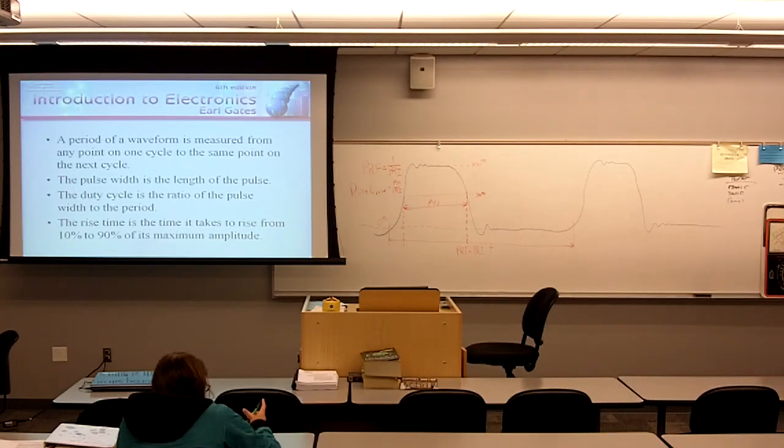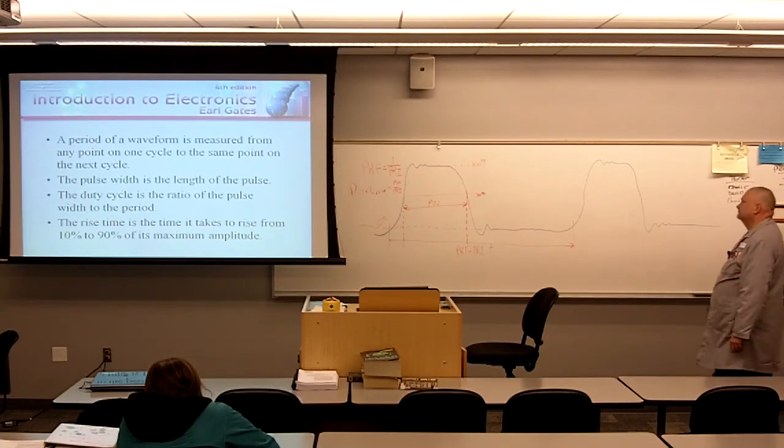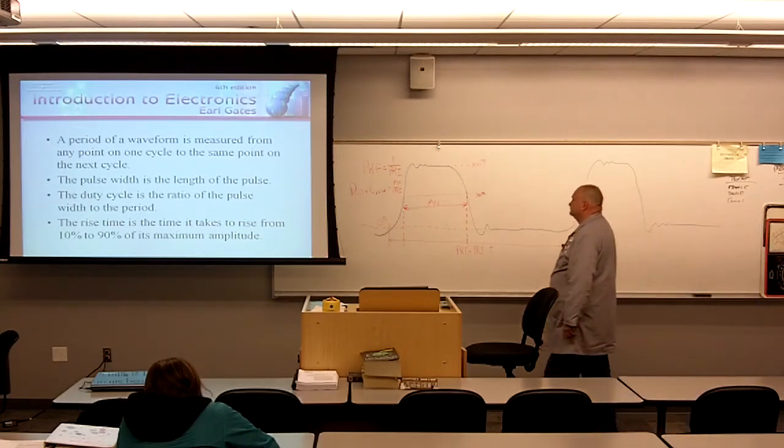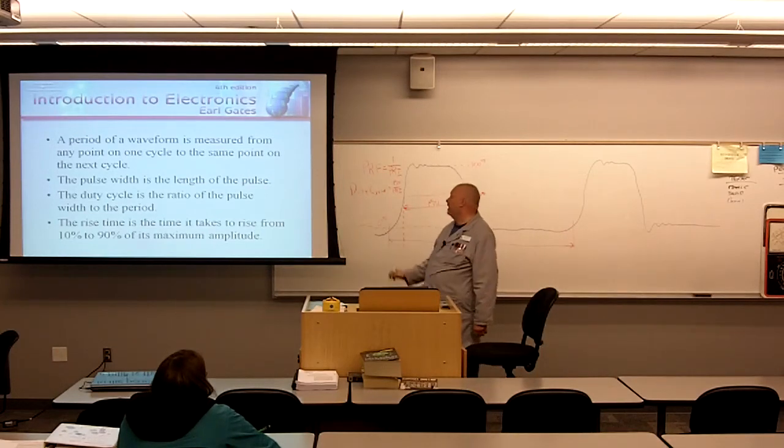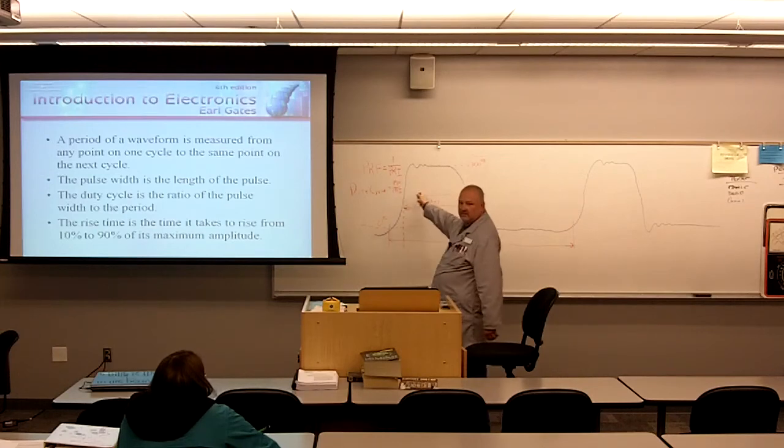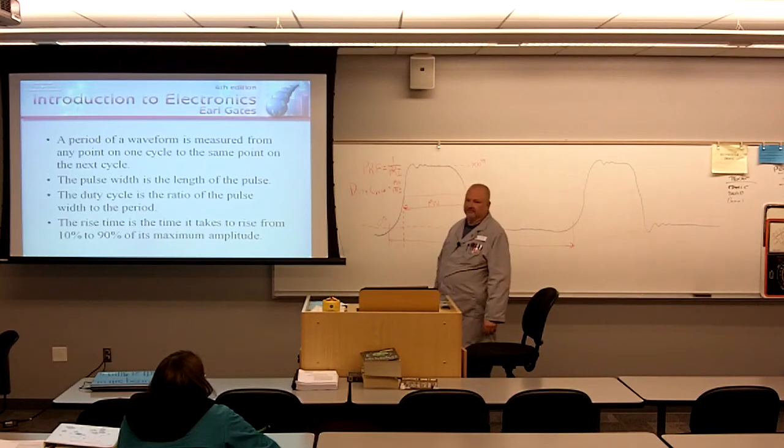What that duty cycle is physically: how long is this transmitting out? How long is that pulse actually doing something, as compared to how much time is the rest of the circuit at rest?